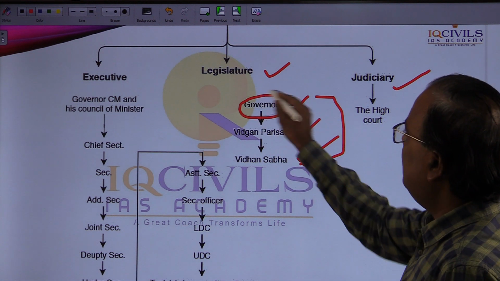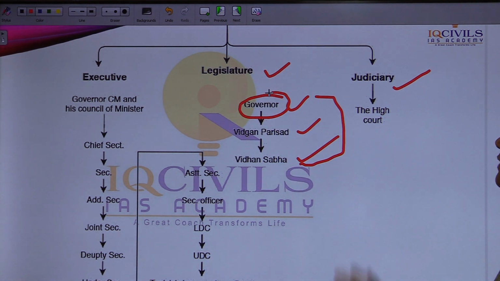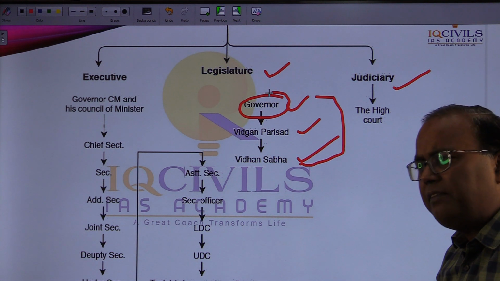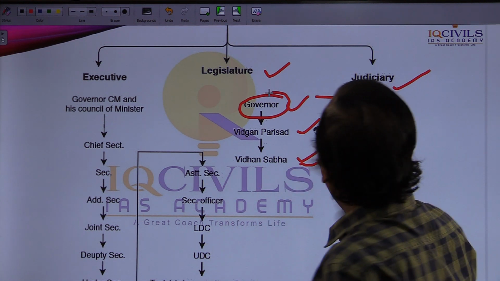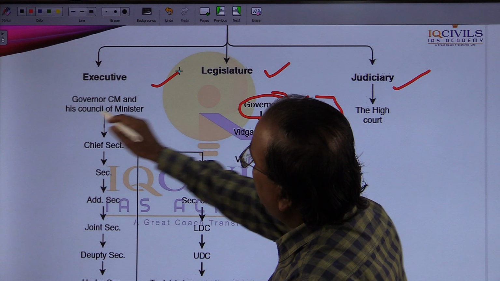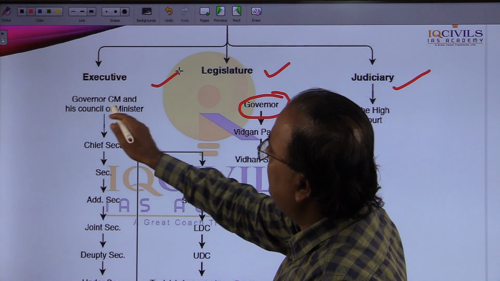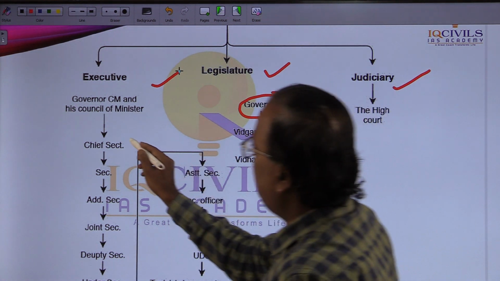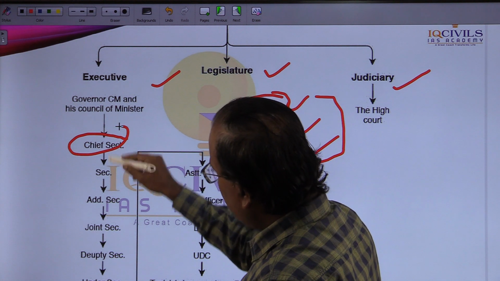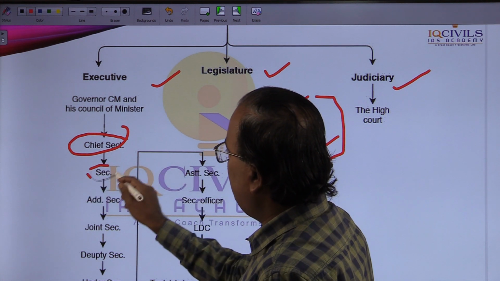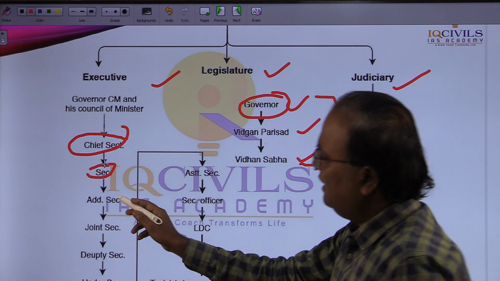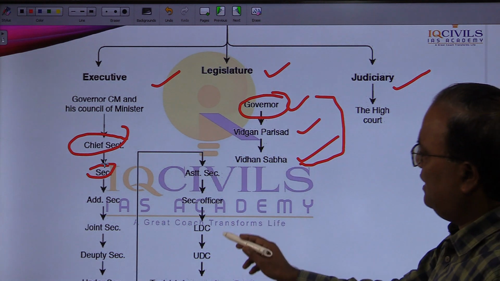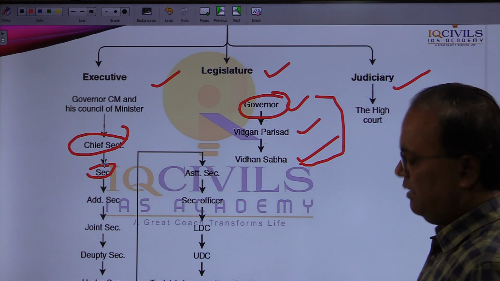Although the Governor is an integral part, he is not a member of the state legislature. What does it mean? Once you are not a member, you do not have any right to vote. And again we have an executive here: the Governor, who is the executive head, then the Chief Minister, then the Council of Ministers, and instead of the Cabinet Secretary, here we have a Chief Secretary. After that we have different secretaries of the different ministries, then the same hierarchy: additional secretary, joint secretary, deputy secretary, under secretary, assistant secretary, section officer, LDC, UDC, typist, stenographer and peon.